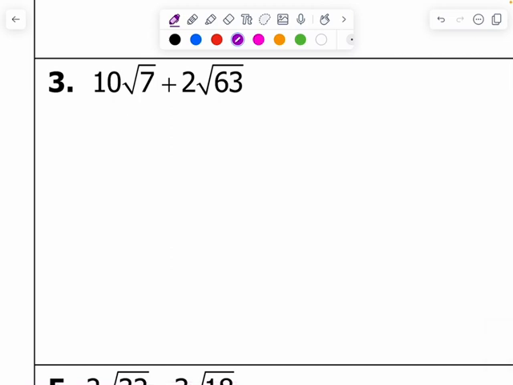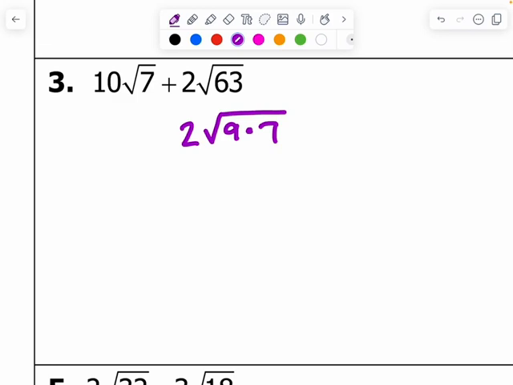This radical 7 right here is already simplified. But this radical 63 is not. So let's think about the number 63. I know that 63 has a perfect square of 9 as a factor. I know that 63 is 9 times 7.